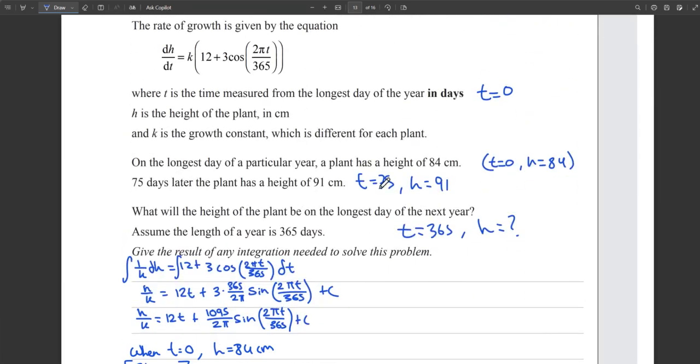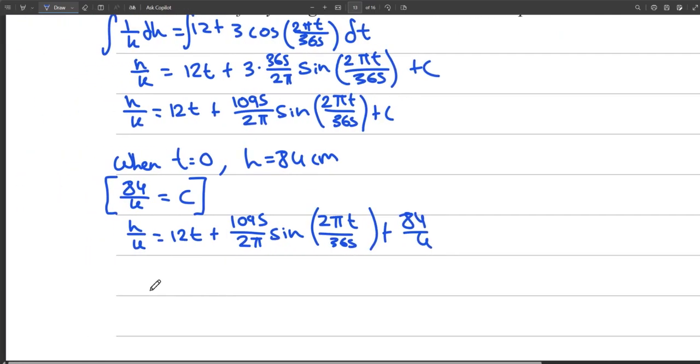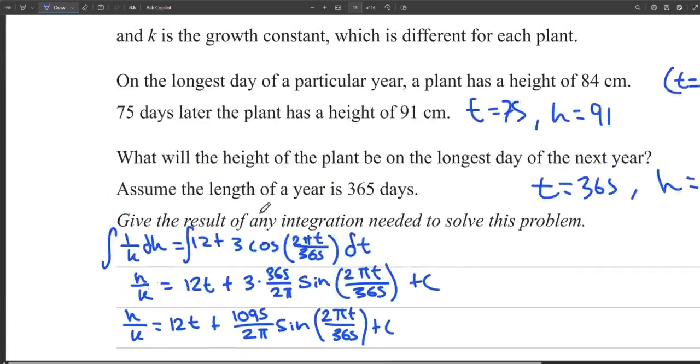Cool, so what's our next point? When t equals 75, h equals 91. Let me just double check.